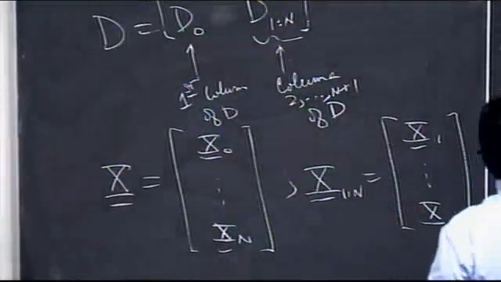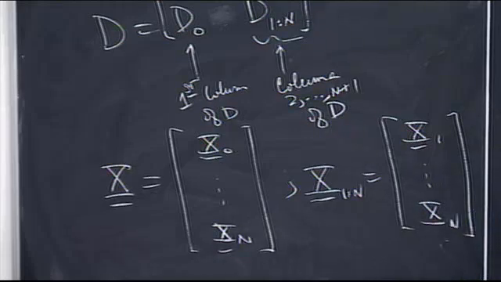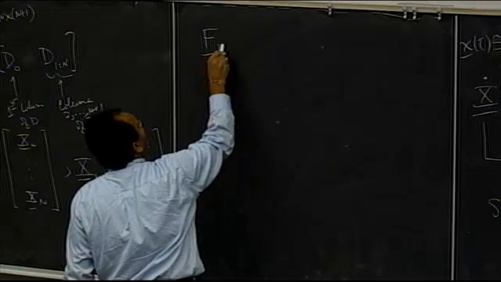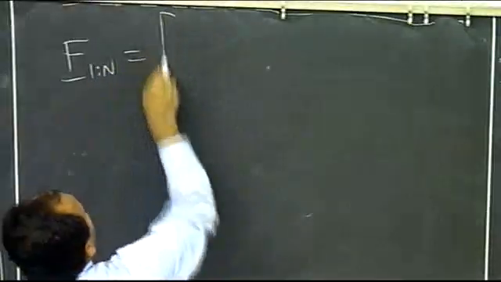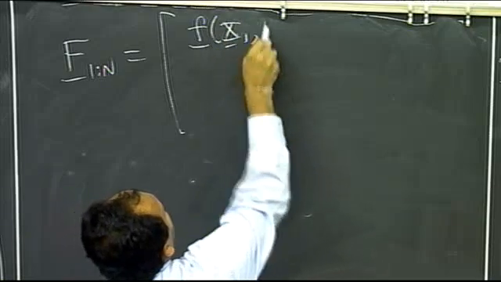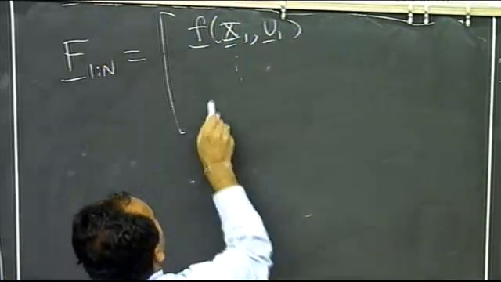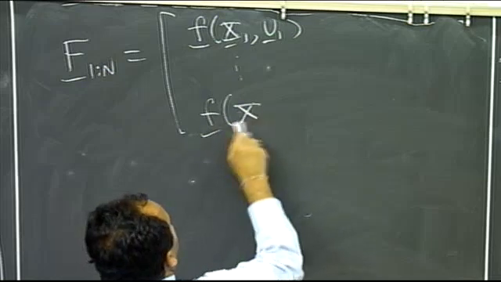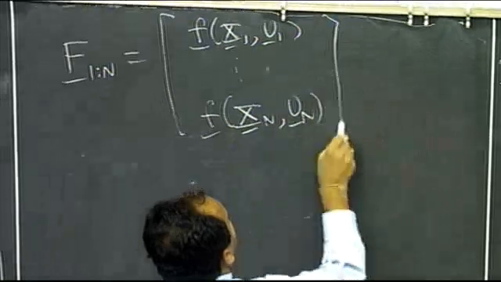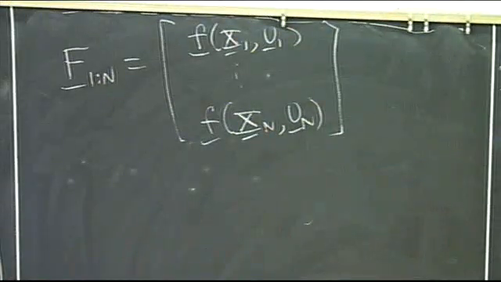Then what we get here is a system that looks like this. And I'll do one more thing just to make this complete. F of 1 through n is equal to f evaluated at x1, u1, all down to f evaluated at xn, un. Okay. So now that's what I've got.